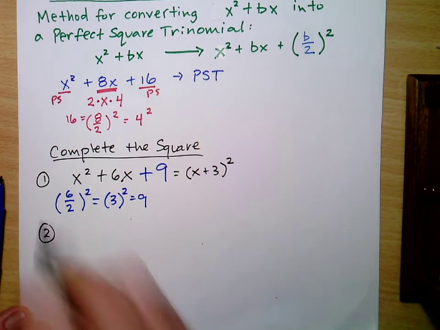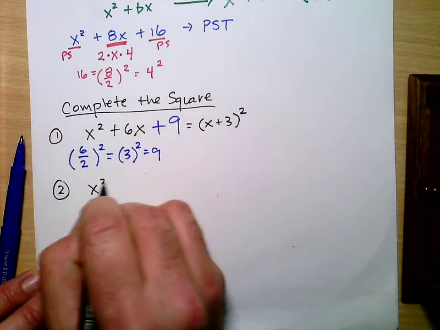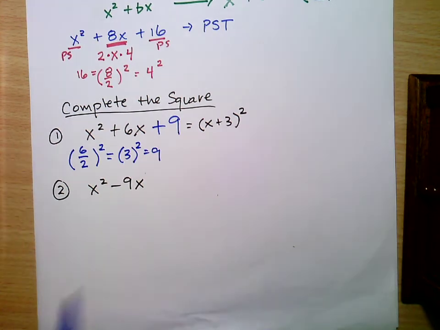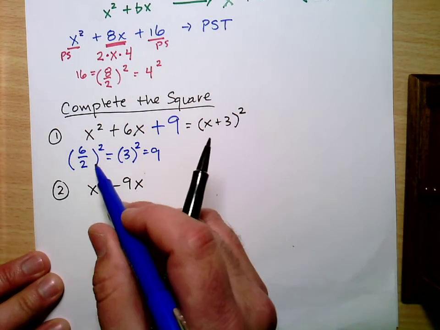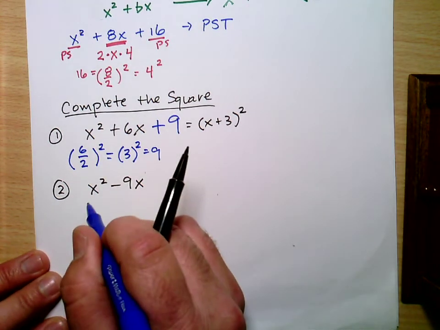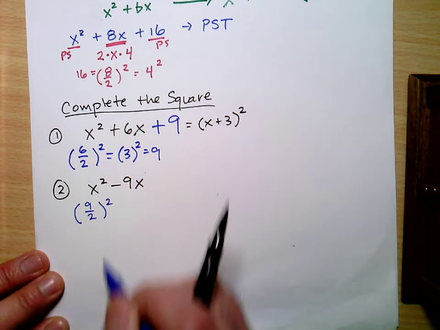Okay, number 2. This is pretty straightforward and simple, hopefully. Let's do x squared minus 9x. Now, I never said that b had to be an even number nicely divisible by 2. It's okay, we can still do this. This is 9 divided by 2, squared.